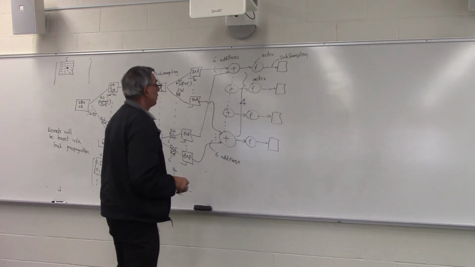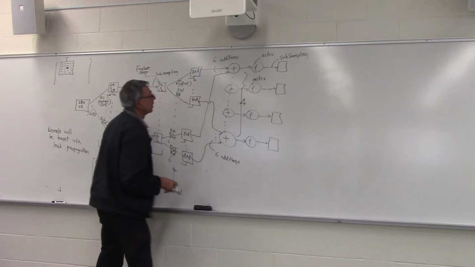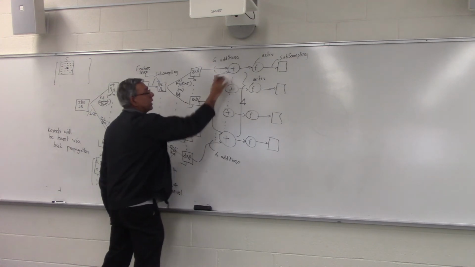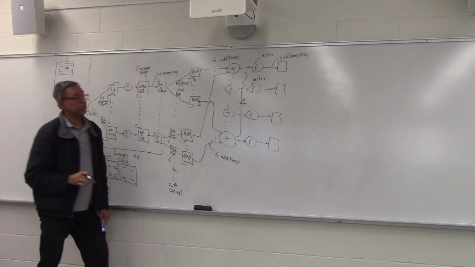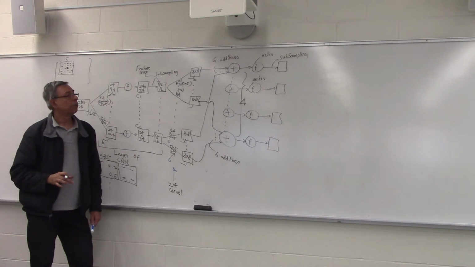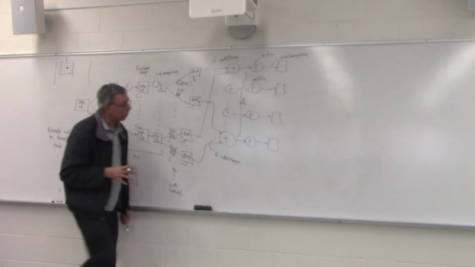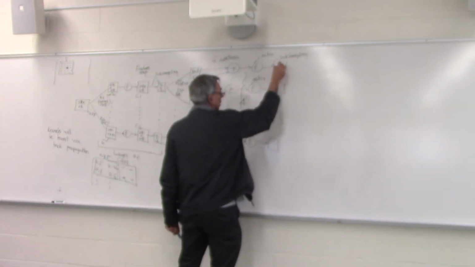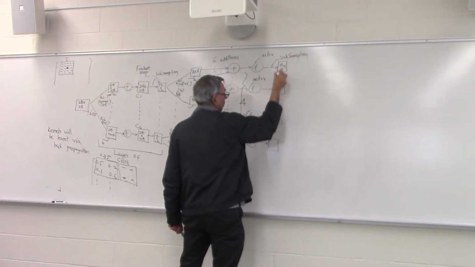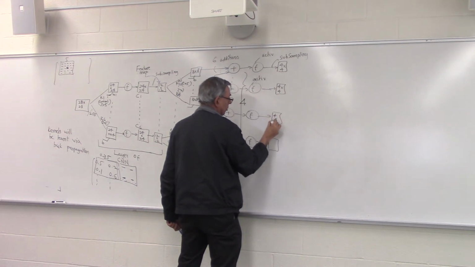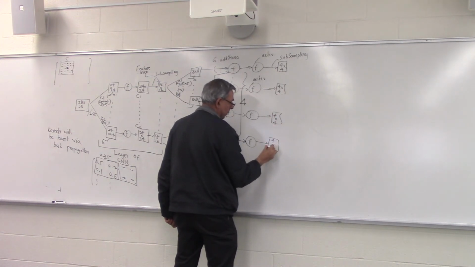Okay, so what was the size up to here? 8 by 8, right? As we add these 6 of these, the size will still be 8 by 8. Yes. Once we do the subsampling, then what will be the size? 4 by 4. So this one will be 4 by 4, 4 by 4, 4 by 4, 4 by 4.